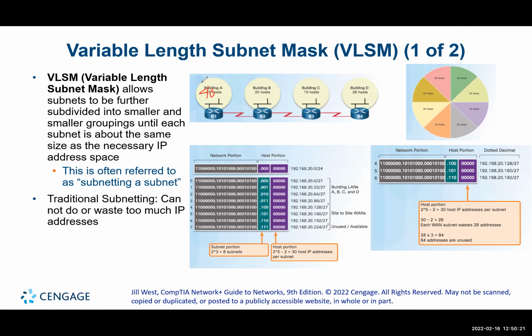I cannot do it, because when I break it down into 8 subnets, each of them only supports 30 here. I cannot support 40 here. I have no way. So that is also a huge problem when working with the fixed length subnet. Even though you have many IP addresses here, when you break it down equally, you cannot do it.